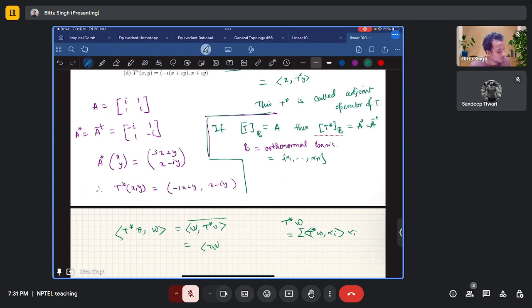Now, using this property, we can write this as the conjugate of (w, T alpha i), that is (T alpha i, w). What is this? T acting on the second thing, comma w.